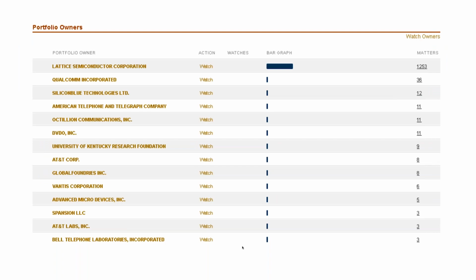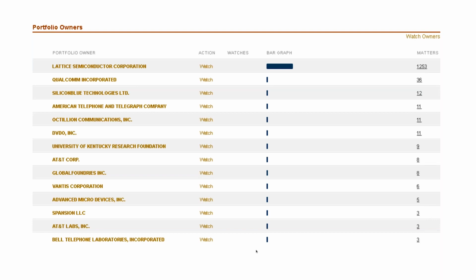Another interesting slide of portfolio ownership is Lattice Semiconductor Corporation, which was recently denied sale to China, as had been predicted before. But in this case, you can start to see that they've got a fair number of relationships based upon joint ownership or joint licensure of assets back and forth. Some of them are related to litigation. Some of them are related to research.